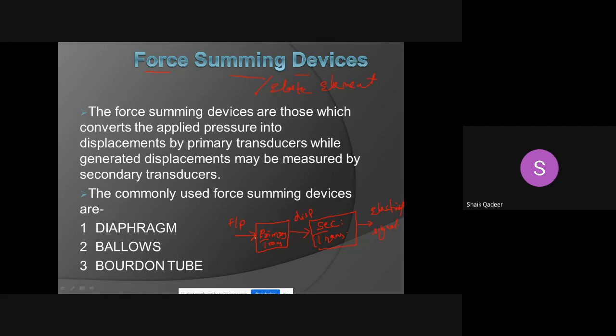So the concept of primary transducer and secondary transducer can be made clear if we use elastic element as one of the components to measure the applied pressure. In this case, the force summing device or elastic element is used as primary transducer. You see, the force summing devices are those which convert the applied pressure into displacement, while the generated displacement can be measured with the help of secondary transducer. Hope it is clear to everybody.